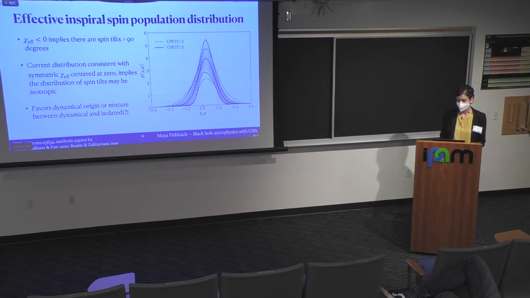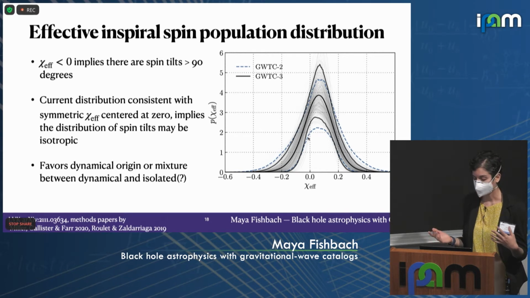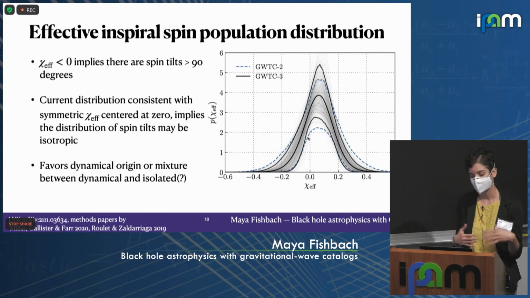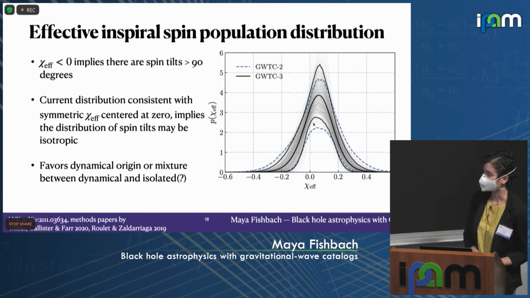If the chi effective distribution is centered at 0, that suggests that the spin distribution is isotropic, and so it could all be assembled dynamically, where there is no preference between different spin orientations. And so the current distribution seems to favor either a dynamical origin or a mixture between dynamical and isolated.